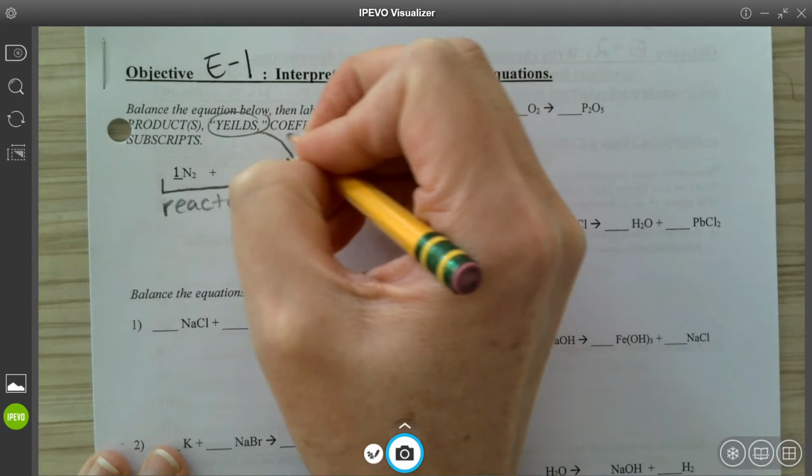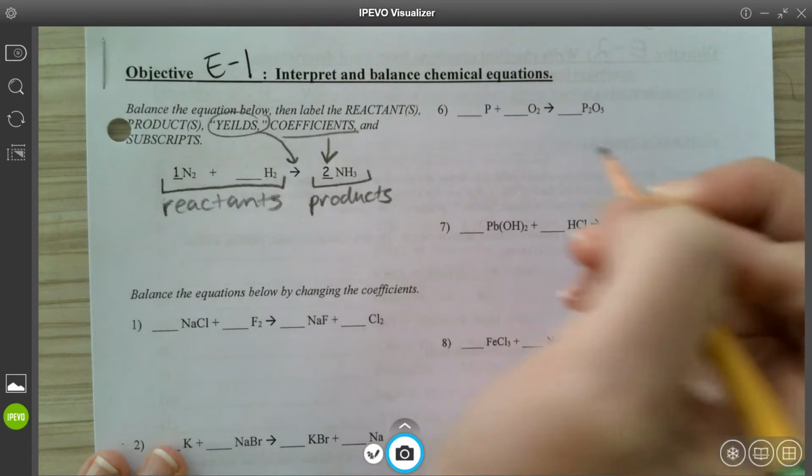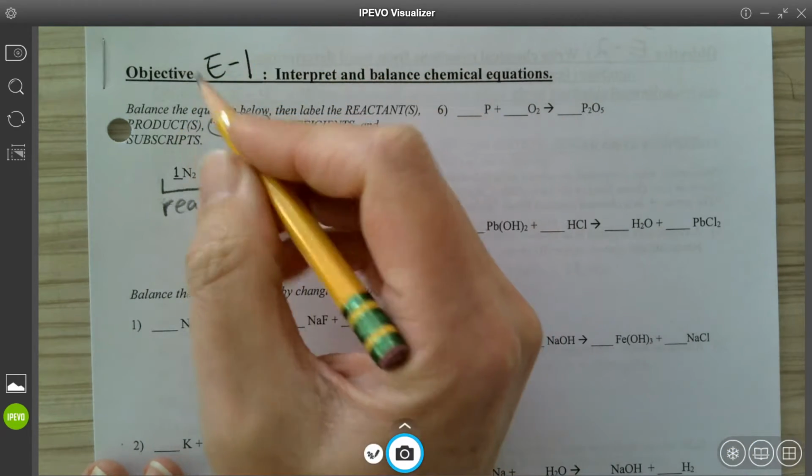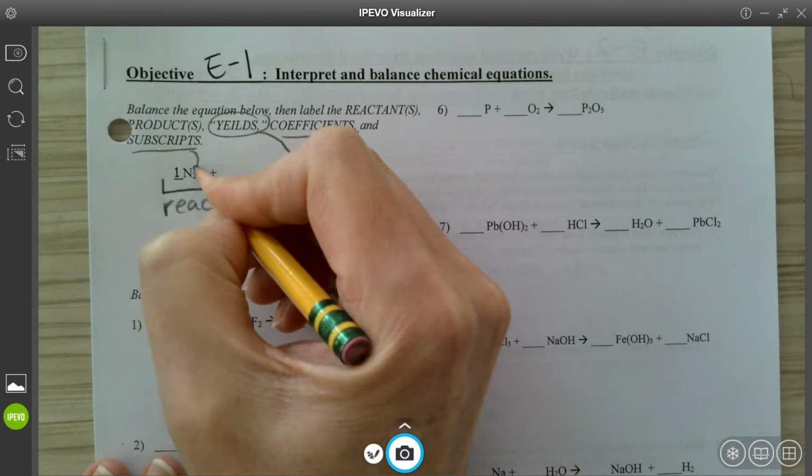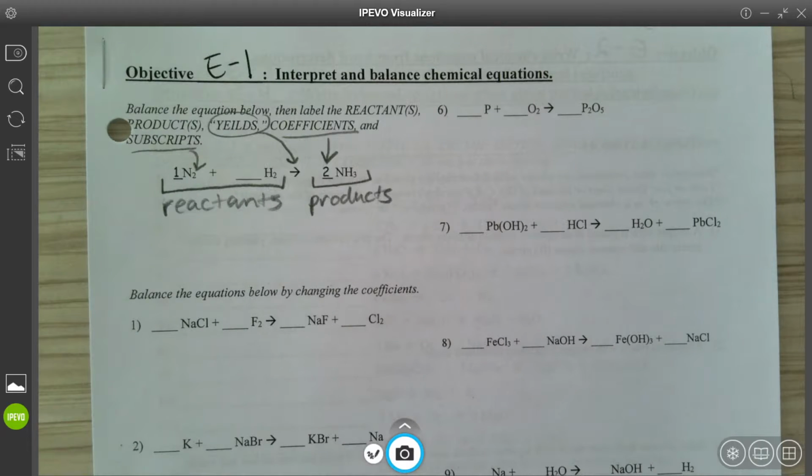The coefficients, as you know, are the numbers in front. Seems like we remember that. The subscripts, as you know, are the little numbers down low. All right, here's what I want you to do. This equation is not balanced as it is. This equation does not follow the law of conservation of mass, okay?